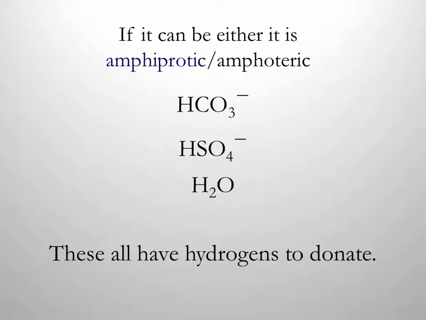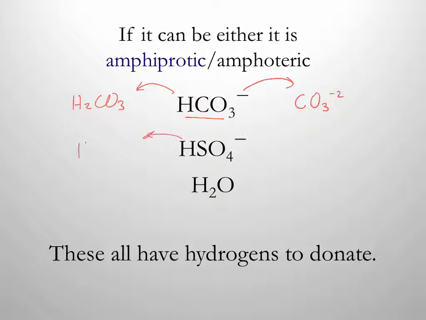Some substances can be what is called amphiprotic or amphoteric. That means that they can either accept hydrogens or donate hydrogens. So if this ion is accepting a hydrogen, it would become H2CO3. If it were to donate a hydrogen and act as an acid, then it would become carbonate ion.